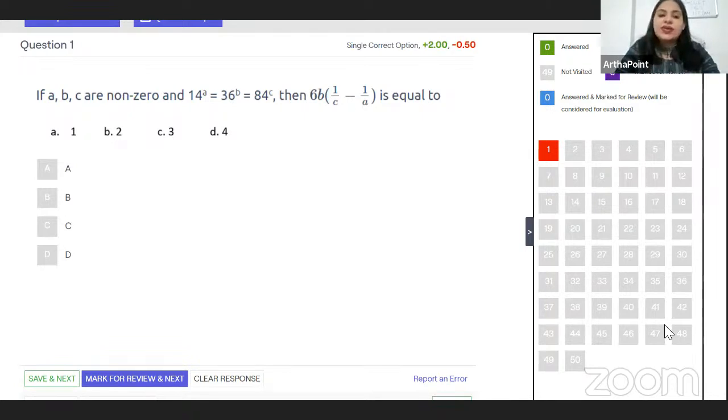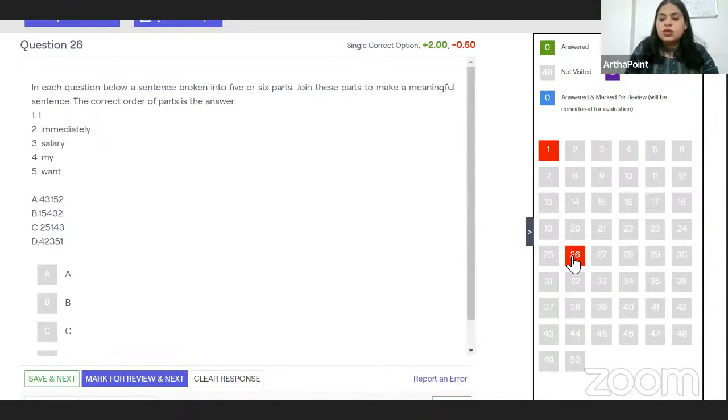As you can see, this is not a very difficult level of question, and you may expect similar questions in the exam also. Now, let me take you through some of the other questions. This kind of question is where you will be given some words of a sentence, and you have to make the right order out of it.